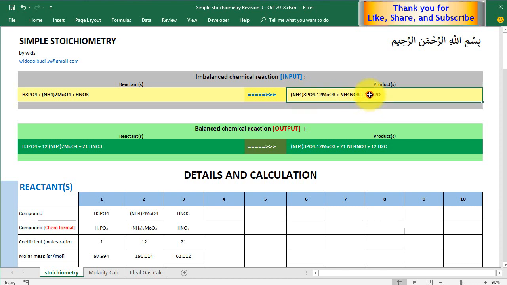This is ignored by the system, and the answer is still 12 moles of H2O. No matter how we input it, this is ignored.